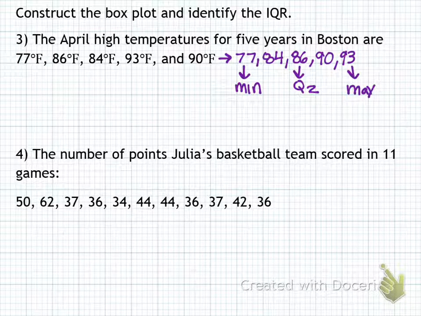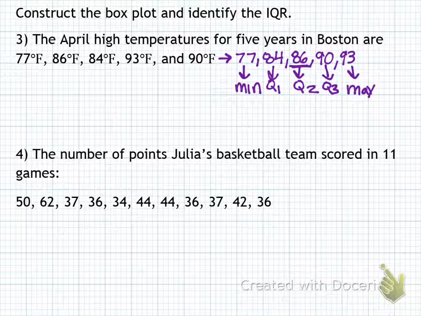So remember, if I have any odd number, the median gets kind of split both ways. So let's look at the lower 3, 77, 84, and 86. What's the median there? 84, so that's just going to be my Q1. And then 86, 90, 93, what's the median there? 90, okay, so that's going to be my Q3.